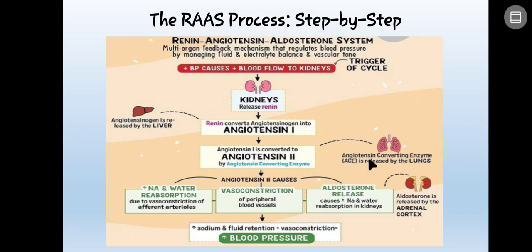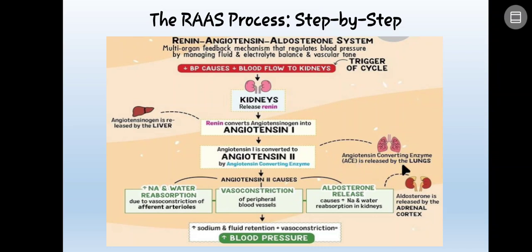So after the kidneys have produced the renin, with the help of the juxtaglomerular cells through the three mechanisms we've explained, it is released into the blood. Originally in the blood, we have angiotensinogen, which is produced by the liver. The renin will convert the angiotensinogen into angiotensin 1. Now, as it goes through circulation, this angiotensin reaches the lungs, and the lungs produce an enzyme.